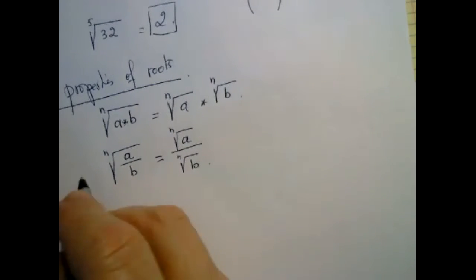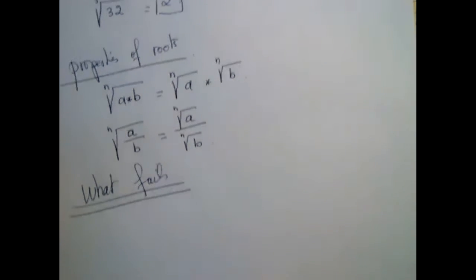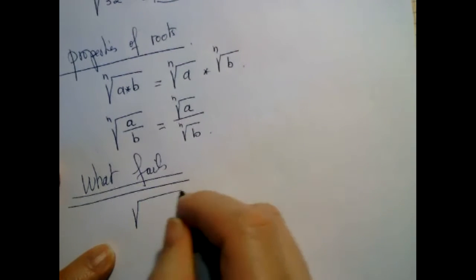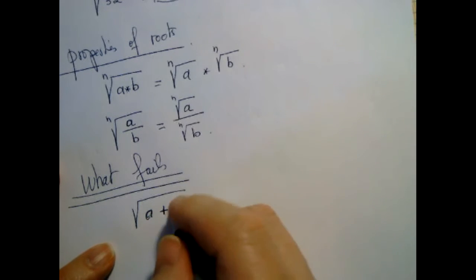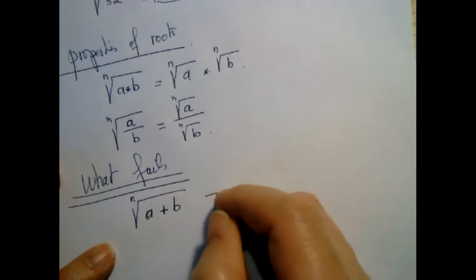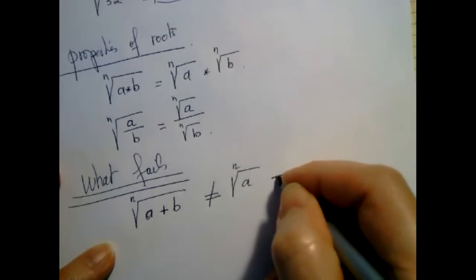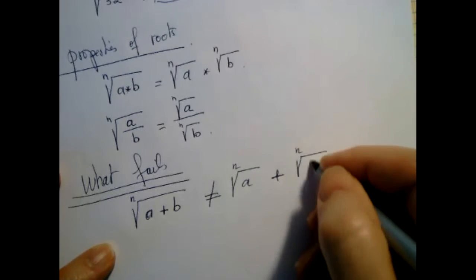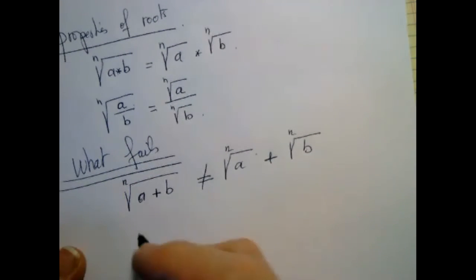However, what fails? What's not true is the following. If you have a sum, that's crucial. If you have a sum under the root, whatever the root is, this cannot be broken. So we can break the product, but we cannot break the sum. Let me show you why.